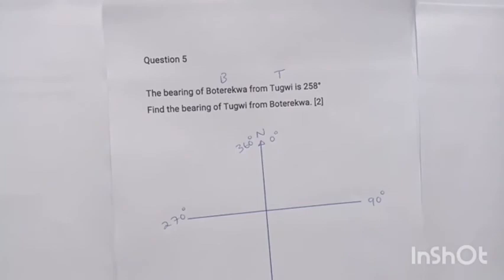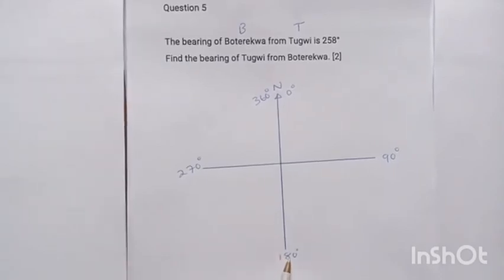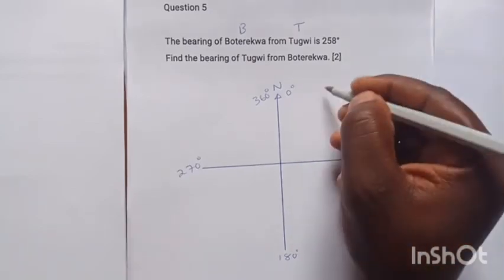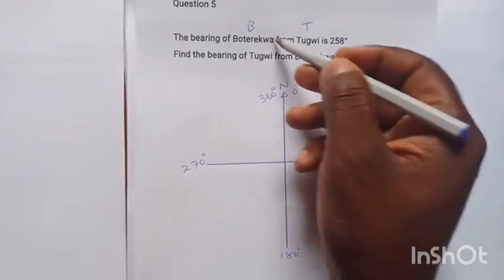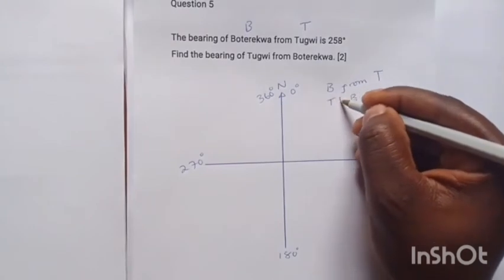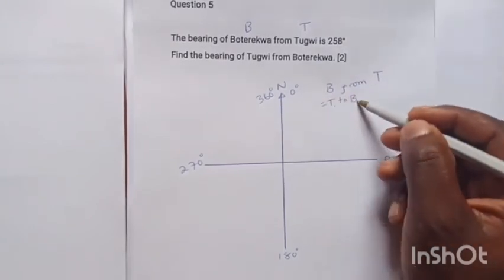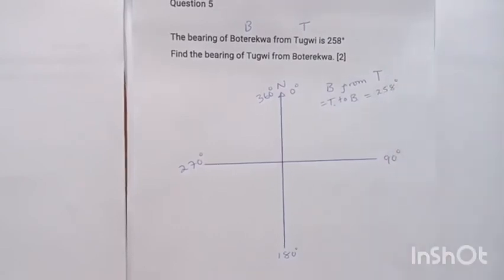So 258 is an angle which is between 180 and 270. Remember, B from T is as good as T to B, which is representing 258 degrees.